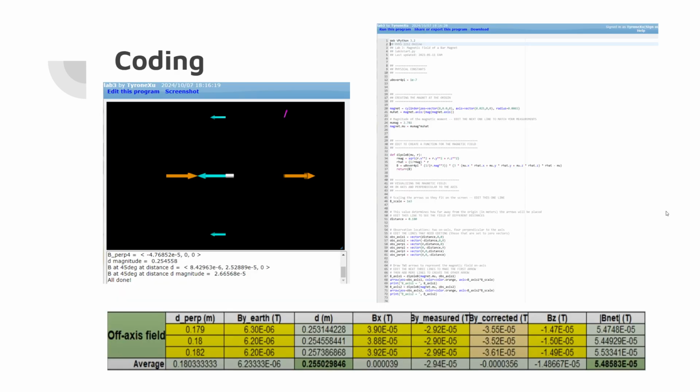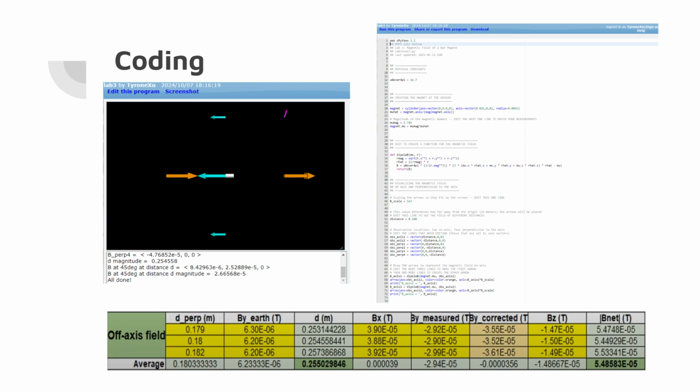This is the computational model that I used in order to model the experiment. I set 7 observation points, 2 which were on axis, 4 which were perpendicular, and 1 which was 45 degrees from the bar magnet, and determined the magnitude of the magnetic field of them using the general formula of the magnetic field, which was brought up in the introduction, specifically for the 45-degree angle observation point.